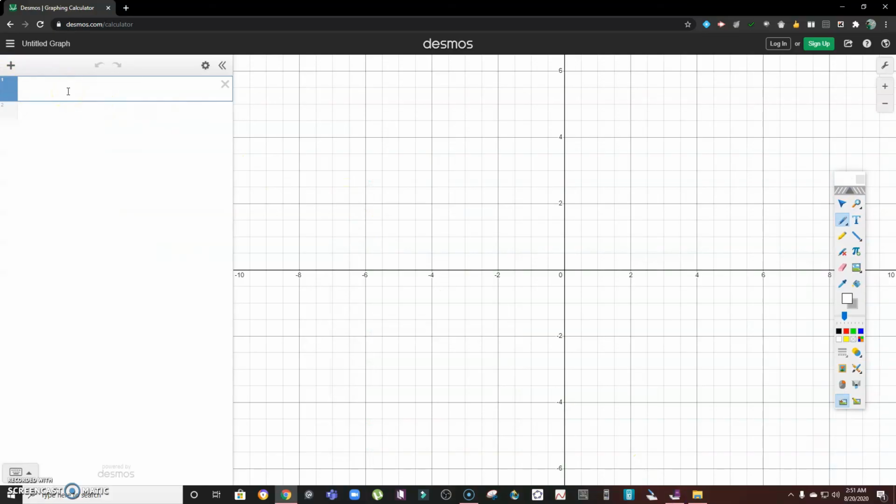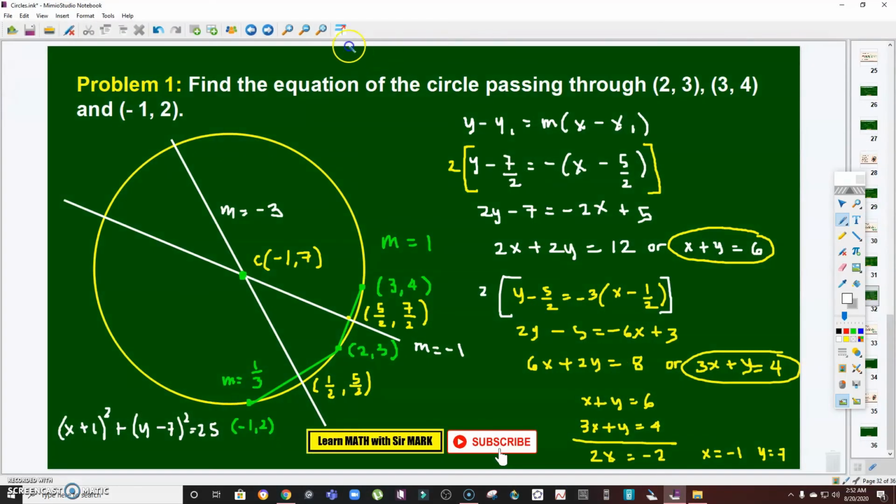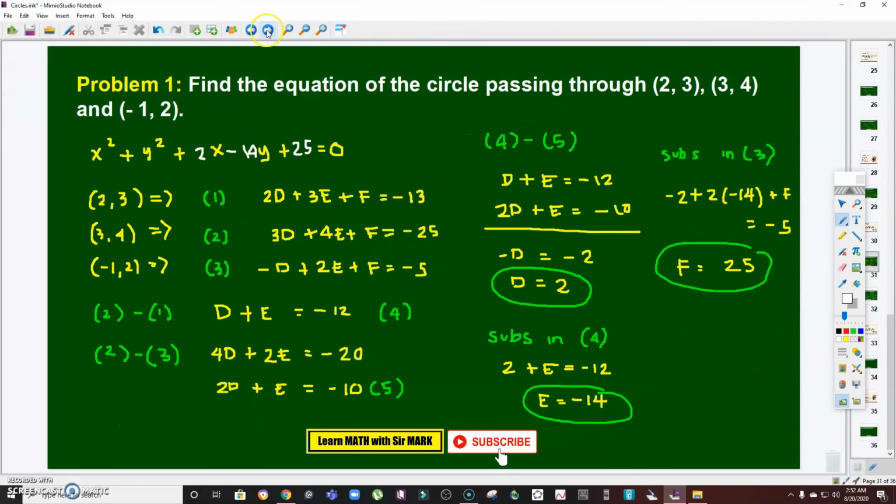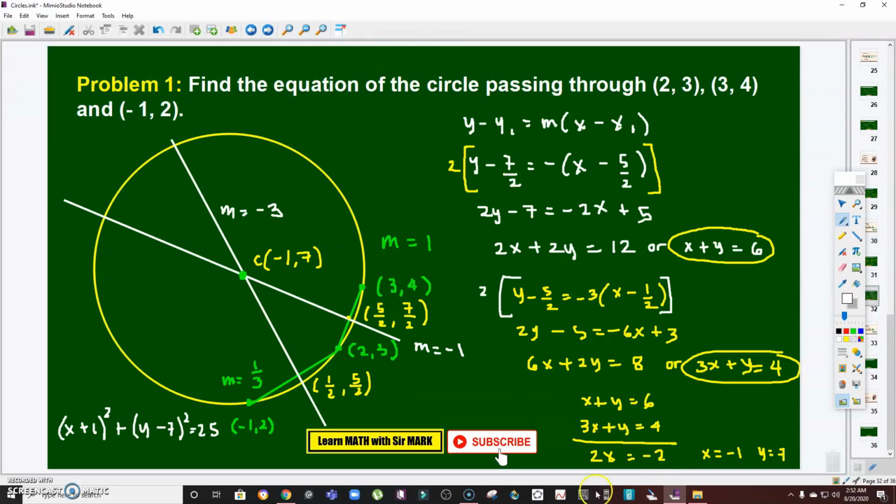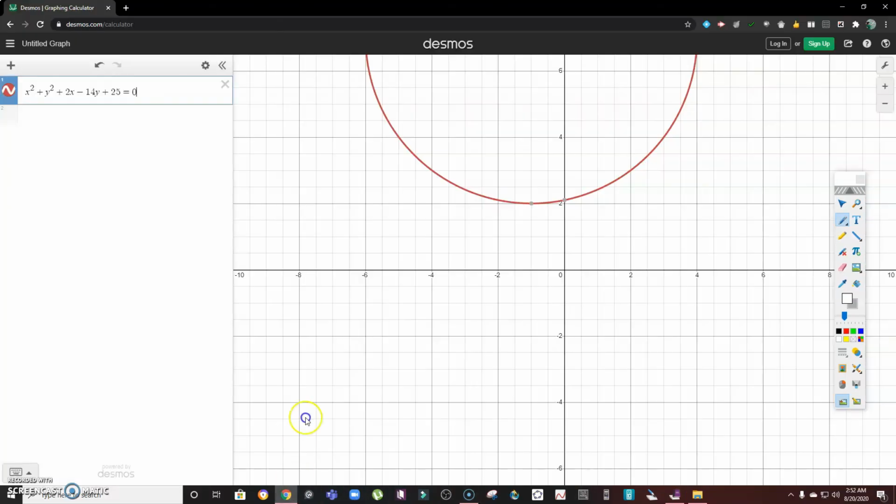That is x squared plus y squared plus 2x minus 14y plus 25 equals 0. Right?